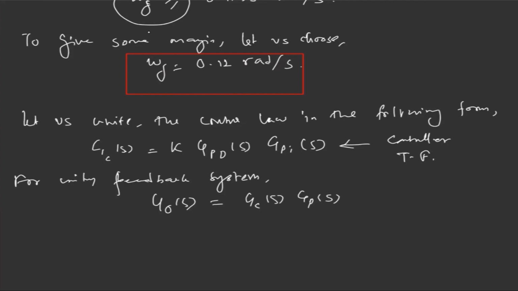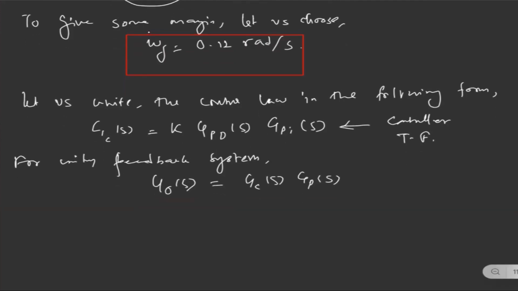So H(s) is assumed to be 1 for unity feedback system. Now if you substitute Gc from the previous equation, you can write K Gpd(s), Gpi(s), and Gp(s), the plant transfer function. So here this is basically the plant transfer function.